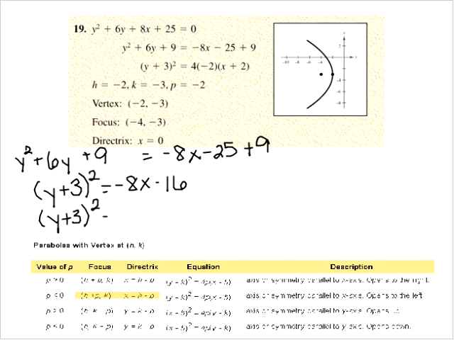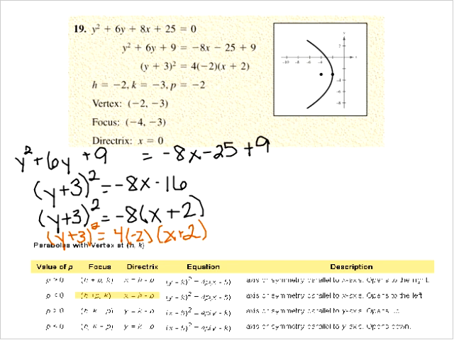I notice that I can take out a negative 8 from both the negative 8x and the negative 16. That would just leave me with x plus 2. And remember, I want to write it so it's 4 times something. So this is 4 times negative 2, just to help us determine what p will be.